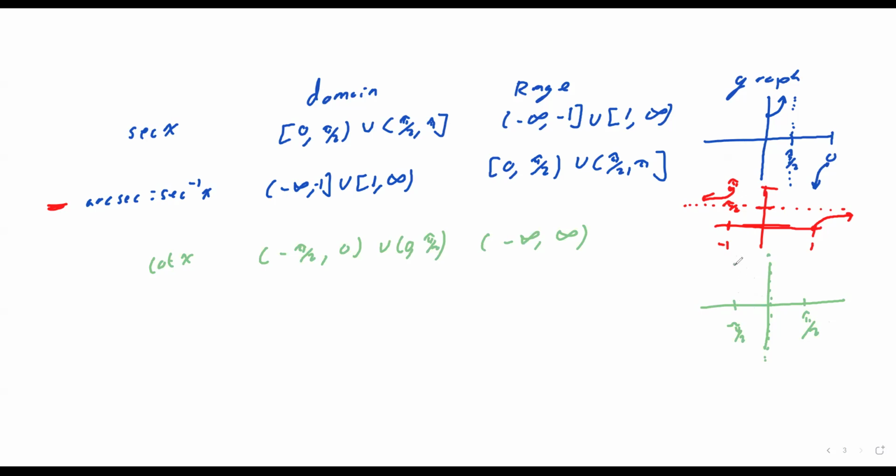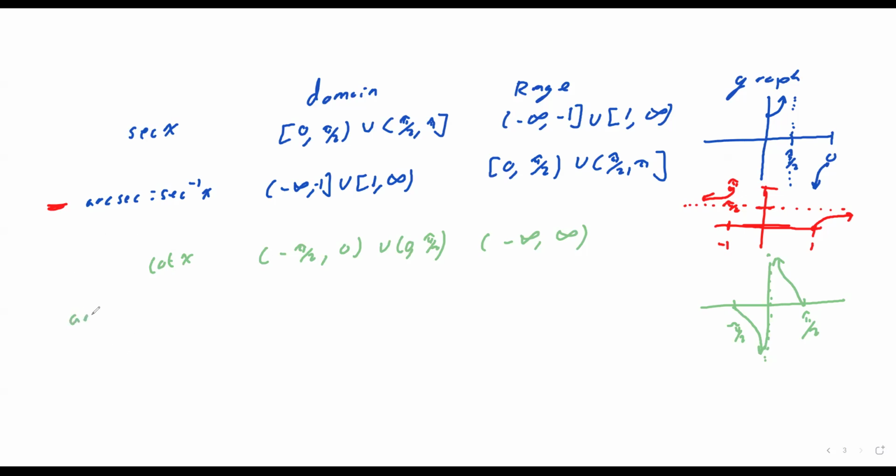So we have a graph that looks, actually, I believe it would be this part here, like this, and then this one right here comes like this. There you go. So you can kind of see the parts that they take from the cotangent.